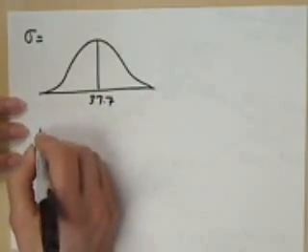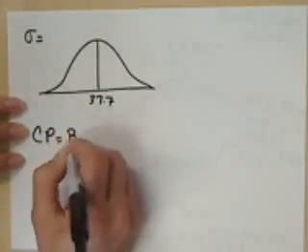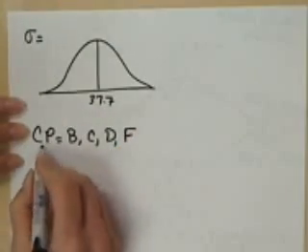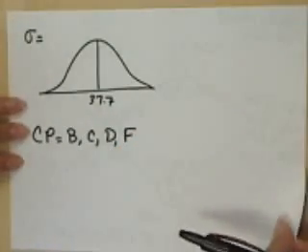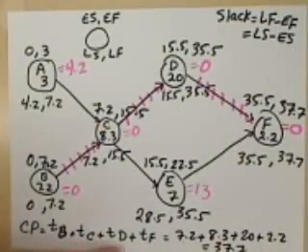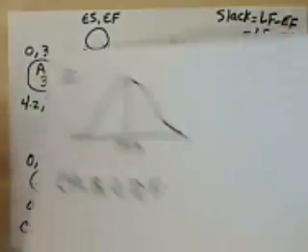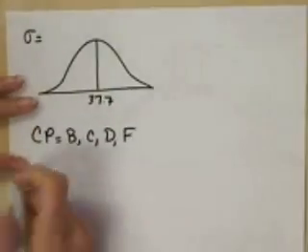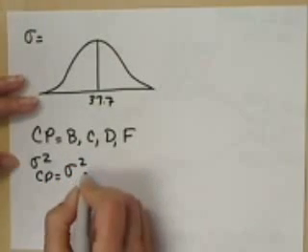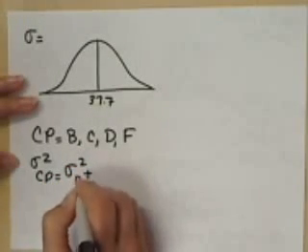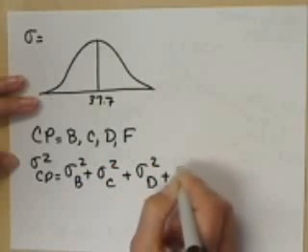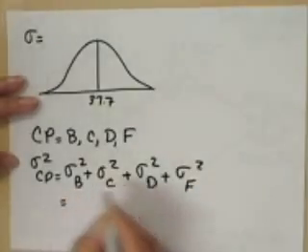Now, the critical path, remember, was B, C, D, and F. To compute the time for the critical path, remember we added the expected value of all the critical activities. So to compute the sigma squared for the critical path, we add up the sigma squared for activity B, sigma squared for C, sigma squared for D, and sigma squared for F.